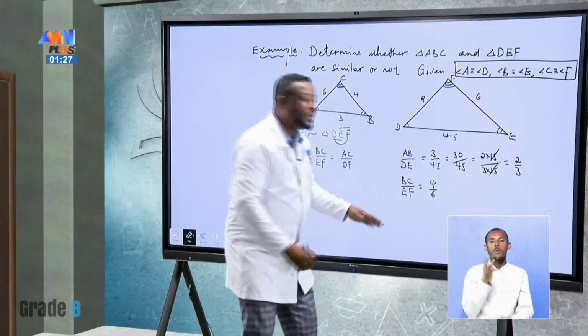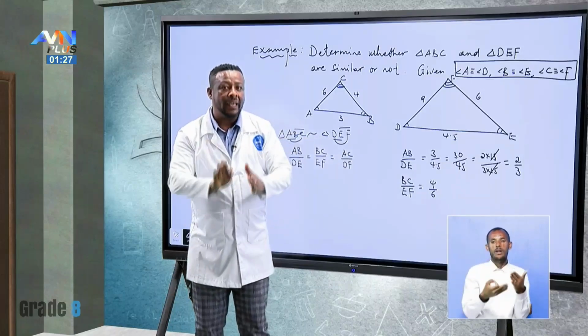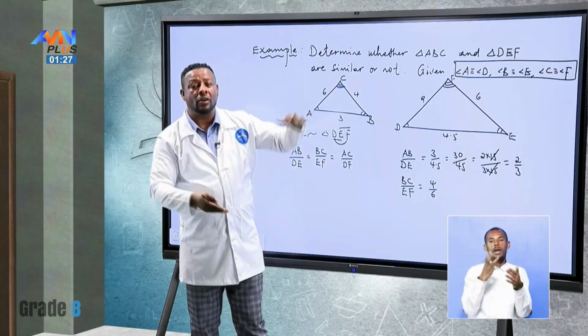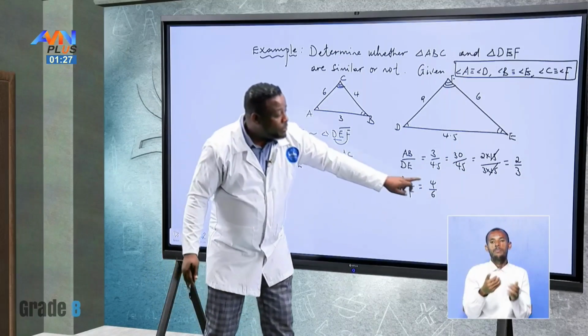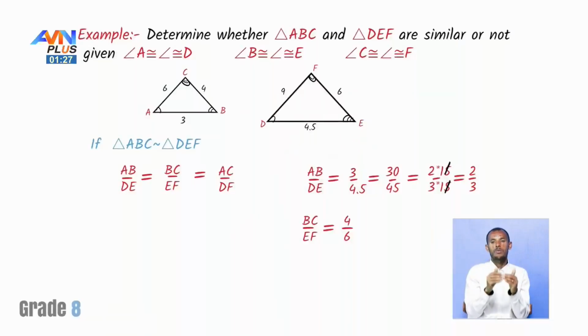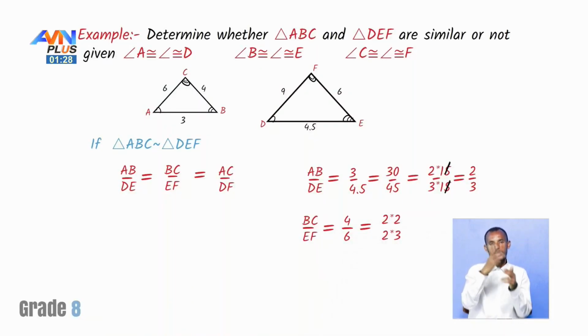We have 4 over 6. So you need to write this 4 over 6 in the simplified form so that we can easily compare all the ratios. The simplified form of 4 over 6: 4 can be written as 2 times 2, and 6 is 2 times 3. So this is 2 over 3.